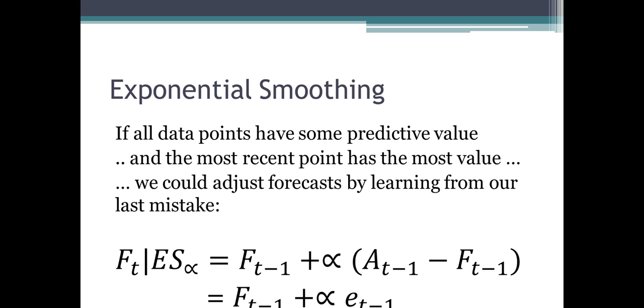So if we were overshooting the variable we're trying to forecast, then the error is going to be negative because forecast is bigger than actual, and this is going to pull it down a little. If we were forecasting a number that was too low, in that case our error is going to be positive, and it is going to bring the last forecast up by alpha times that error.